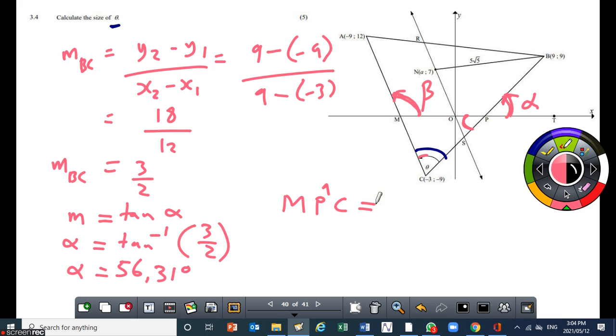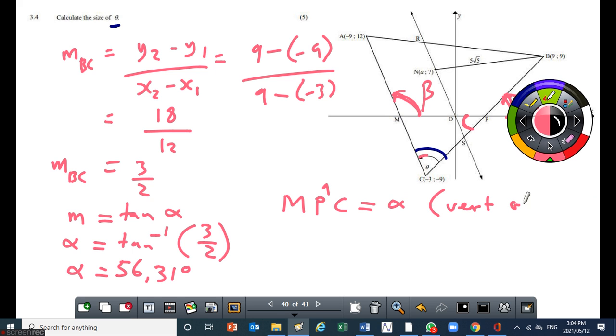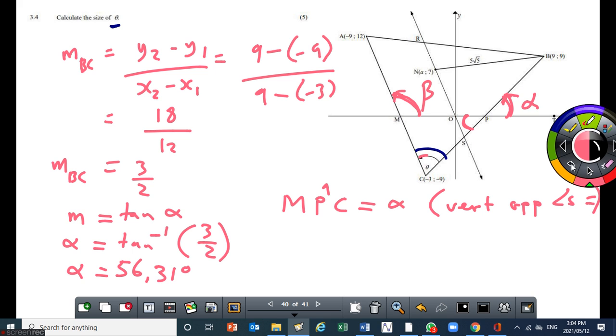MPC is equal to alpha because they are vertically opposite angles. This angle here, alpha, is equal to that angle because they are vertically opposite. So what this means is that MPC is going to be equal to 56,31 degrees.